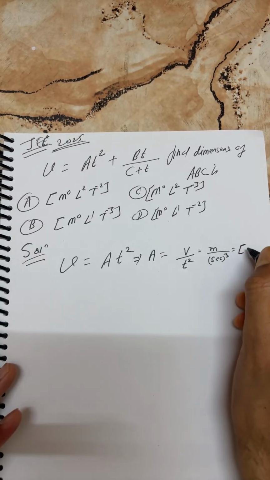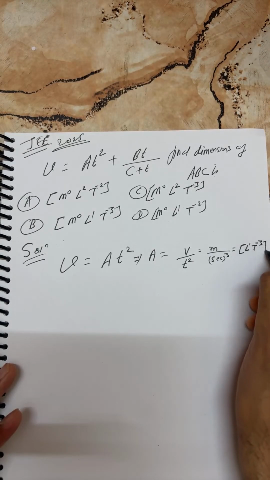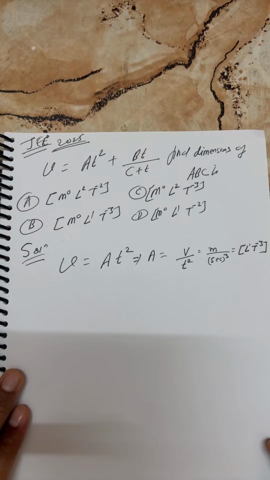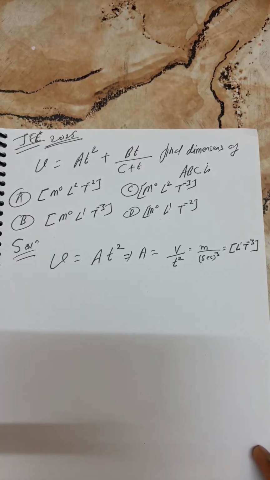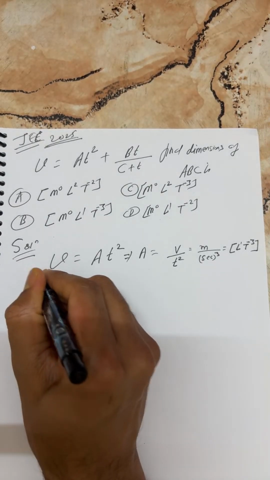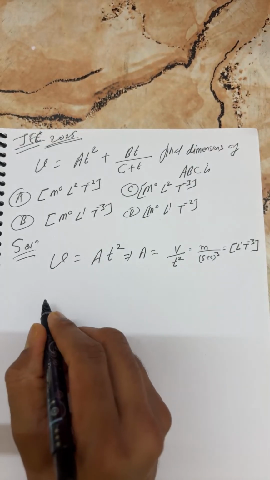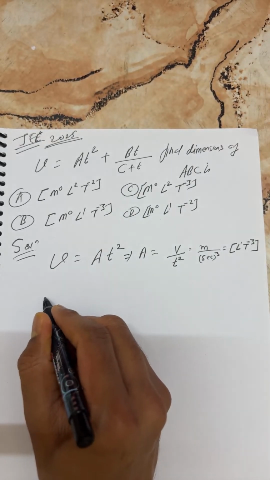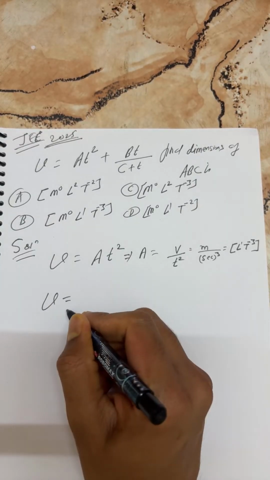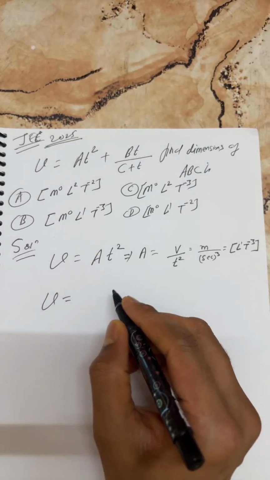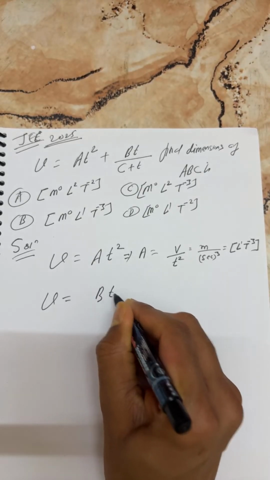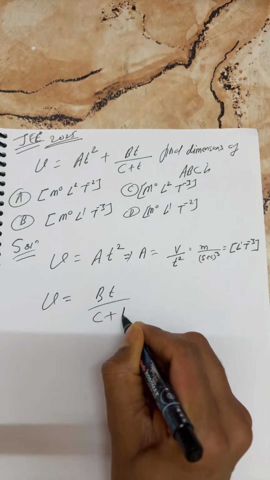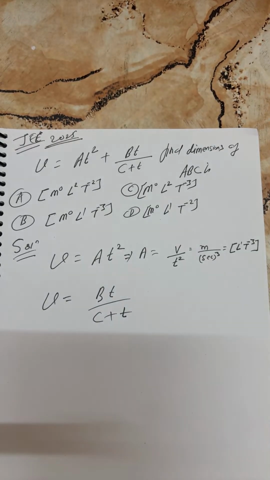So this is L1 T to the power minus 3. Then you can say V is equal to BT upon C plus T. But you know these two are in ratio here.